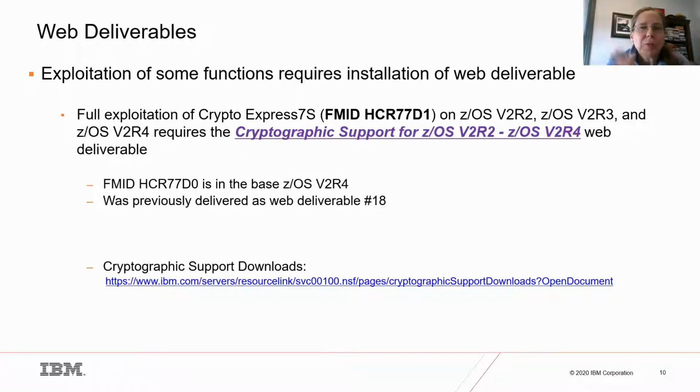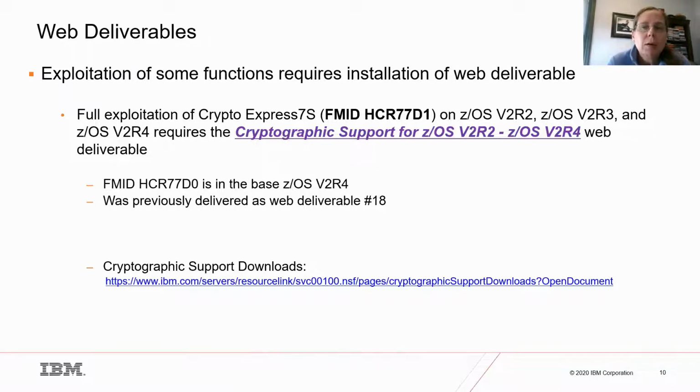Okay, now web deliverables. We always talk about web deliverables because that provides some of the function that you'll need if you are interested in fully exploiting the Crypto Express7S. So we do need the z/OS ICSF function in order to exploit that latest level of Crypto Express7S. That arrives to you in a brand new FMID called HCR77D1.